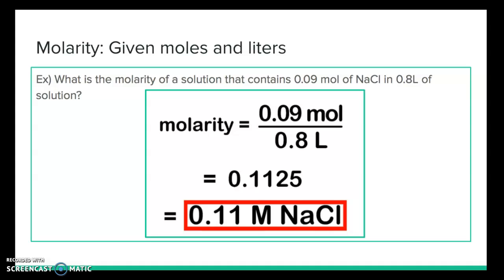So if I were to label this on a bottle to use in the lab, it would be 0.11 molar sodium chloride. It's a fairly easy calculation to do. You just need to recognize what is the solute and what is the overall solution, and that's typically easy to find because one is going to be given in moles and one in liters.